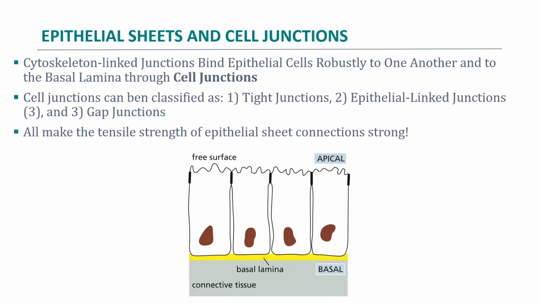When we think about how we hold our cells together in our epithelial tissues, we can classify them as being held together by tight junctions, then epithelial linked junctions, which we're going to look at a little bit more, with three major types in parentheses, and then our third broader classification is our gap junctions.